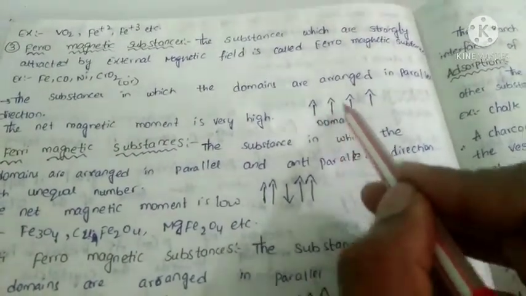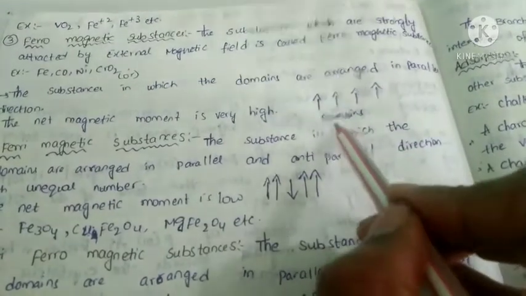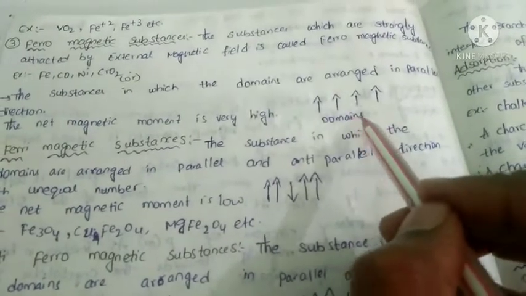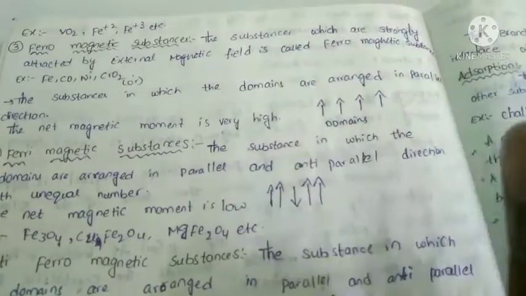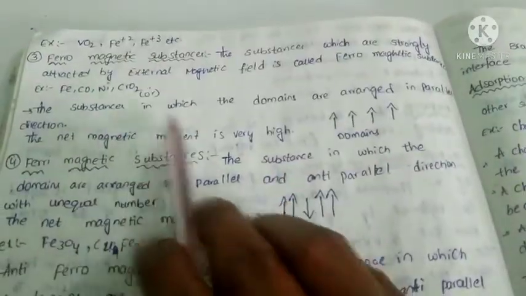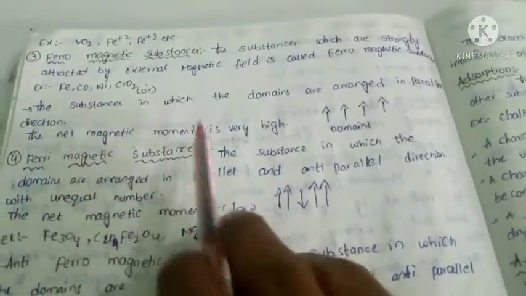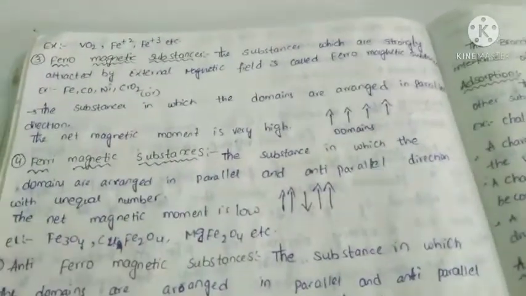Same direction means upward direction. Whenever these domains are in the same direction in a given substance, automatically that substance is strongly attracted towards the magnetic field. See, the substances in which domains are arranged in parallel direction, the net magnetic moment will be high. That is the reason behind that.